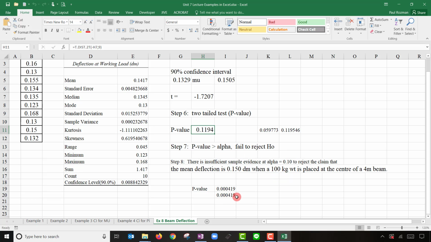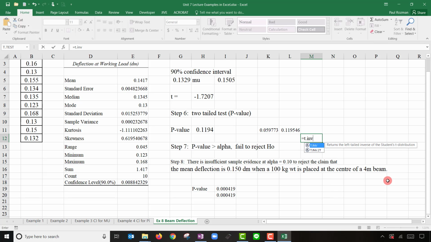I messed around with some other functions for p-value here. I tried what it would have been if I were using a z distribution, pardon me, instead of the t distribution. And I also messed around with T.DIST.RT. I was able to find the area to the right of positive 1.72, which is half of our answer, so I doubled it there. We were wondering if there's a T.DIST or T.INV that goes to the right, and there isn't one, but there is a two-tailed version.